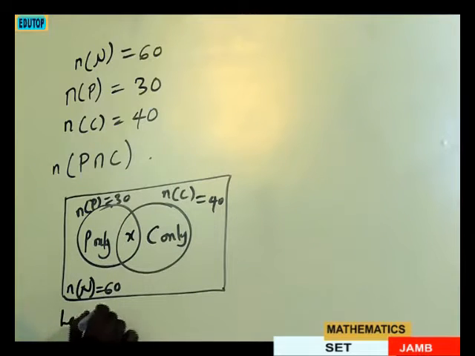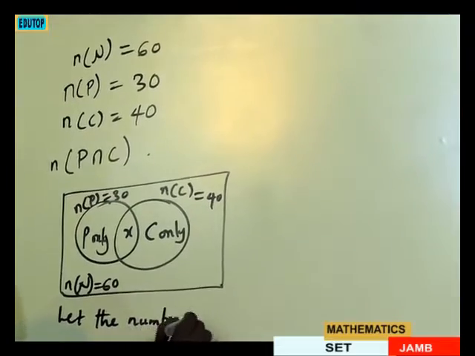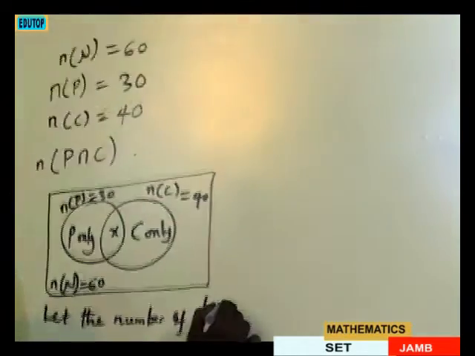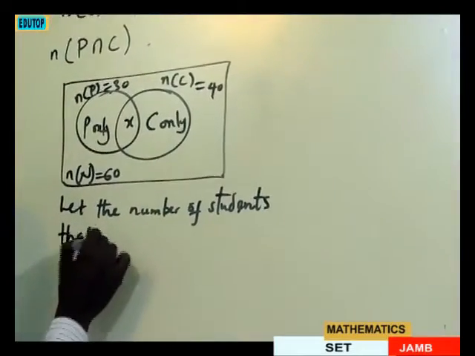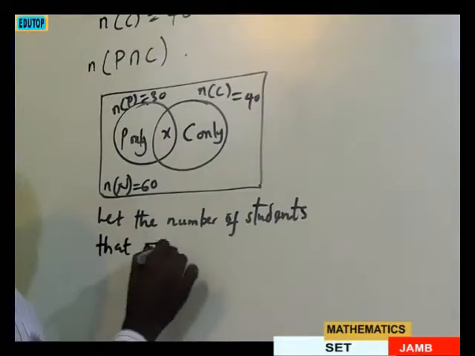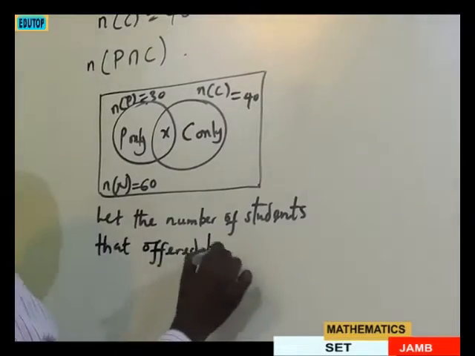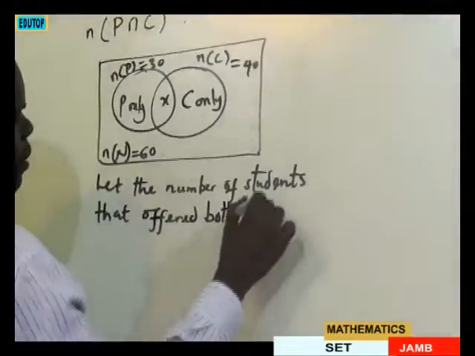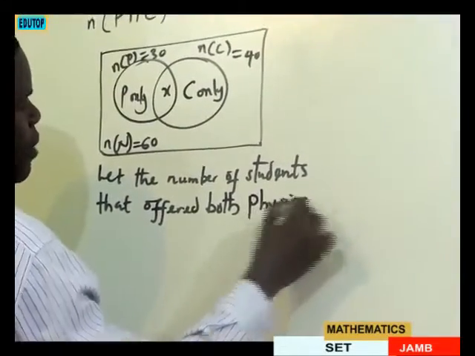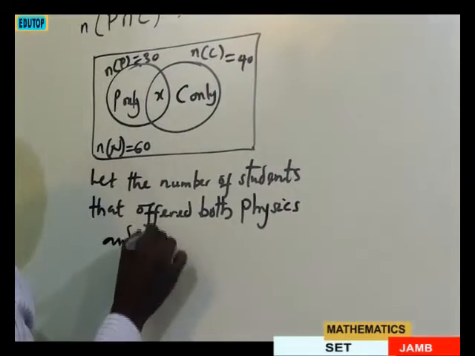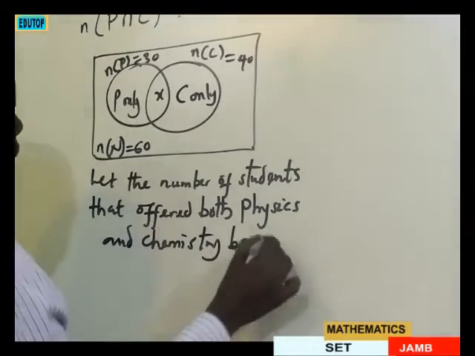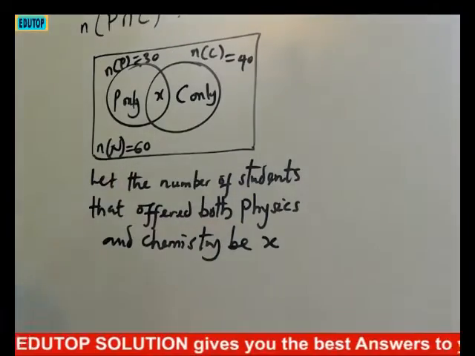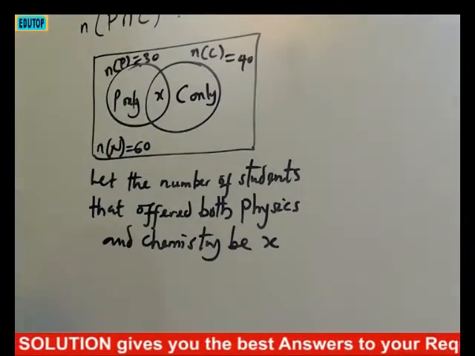Let the number of students that offered both physics and chemistry be X, which I have noted here.